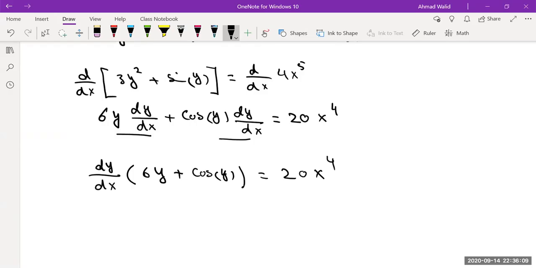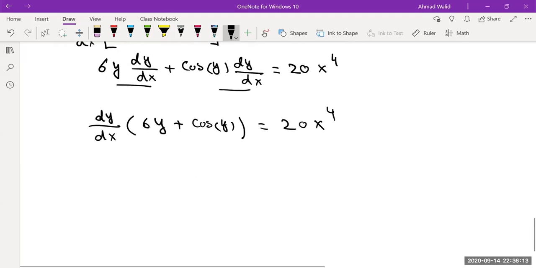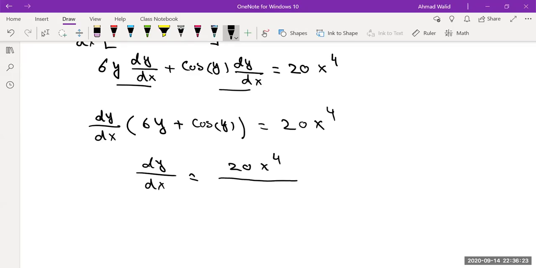To solve for dy dx, divide both sides by your parentheses. It means dy dx equals 20x to the power of 4 over 6y plus cosine y. Final answer.